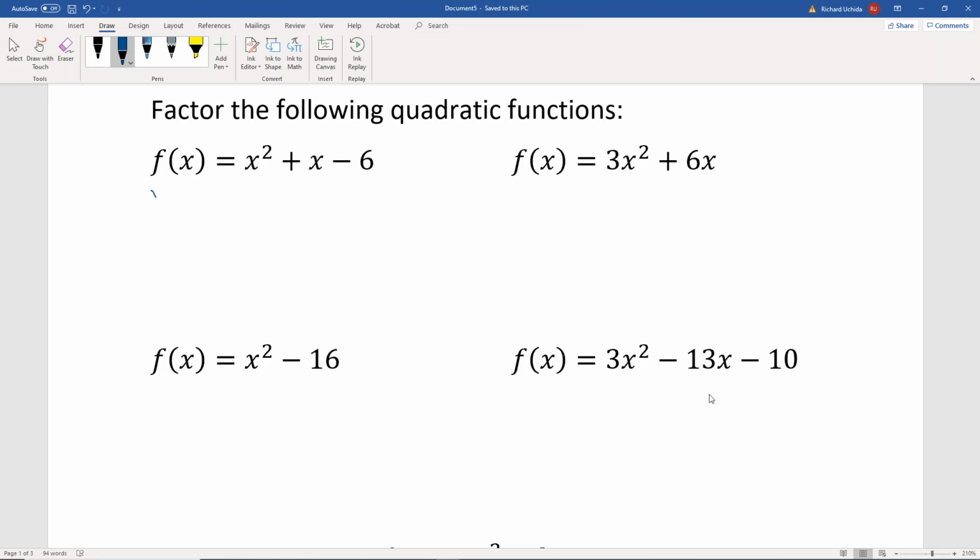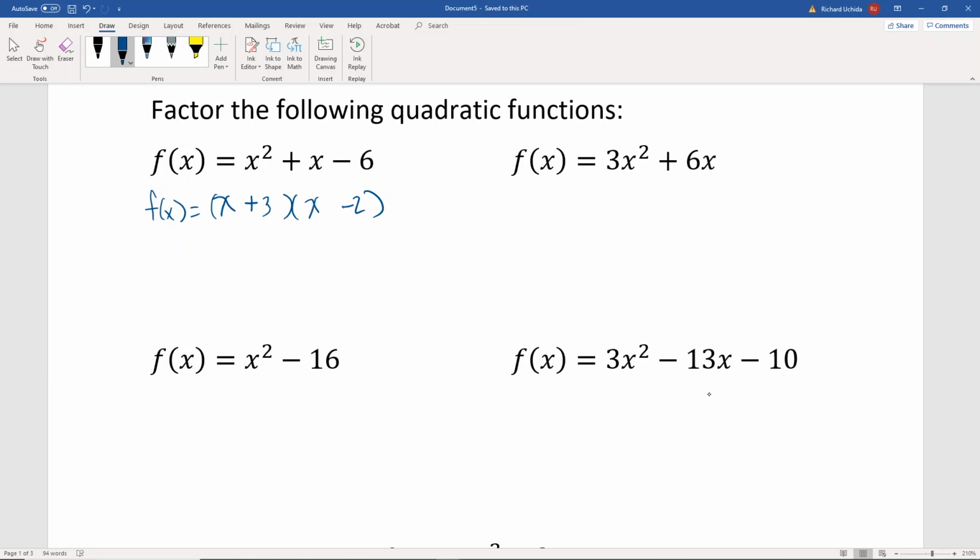Since the leading coefficient is 1, there would be an x here and an x there, and for the constants, we think: what are two numbers whose product is negative 6 and whose sum is 1, the coefficient of the x term? In that case, that would be plus 3 and minus 2, right?